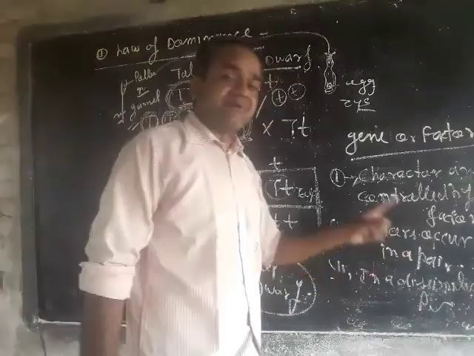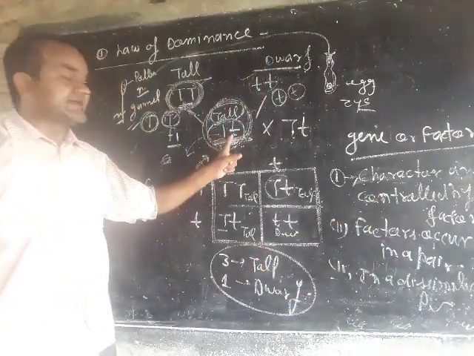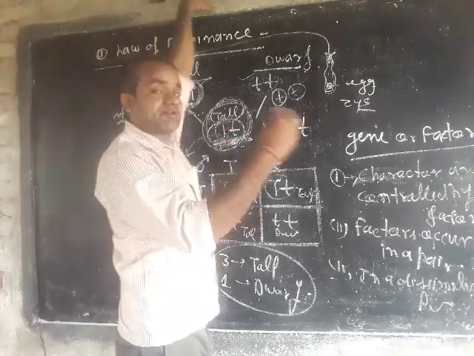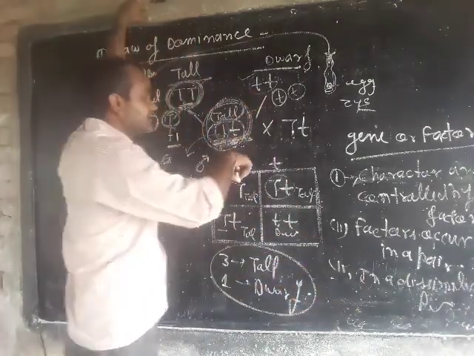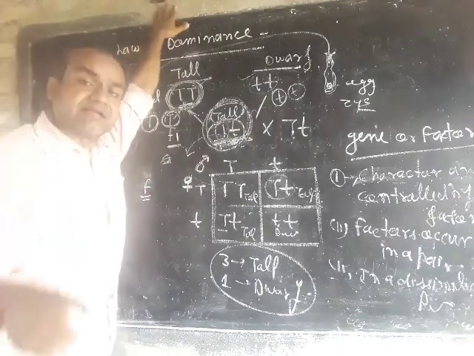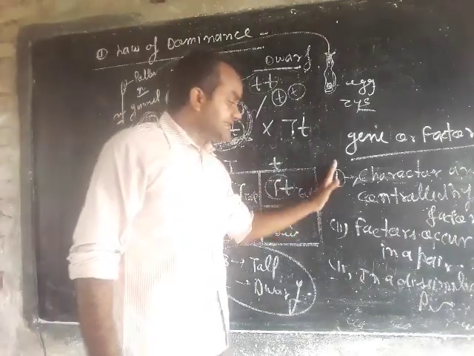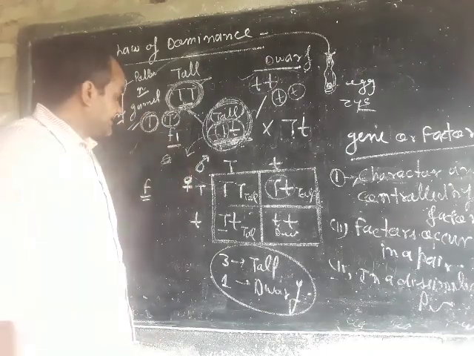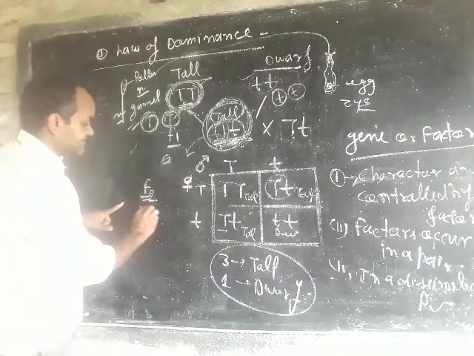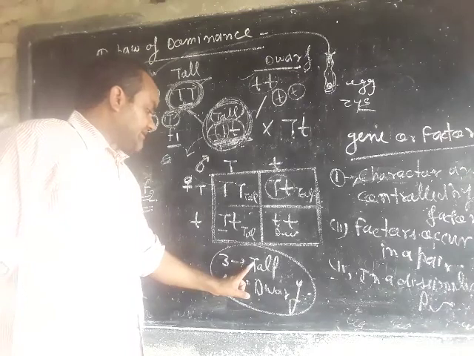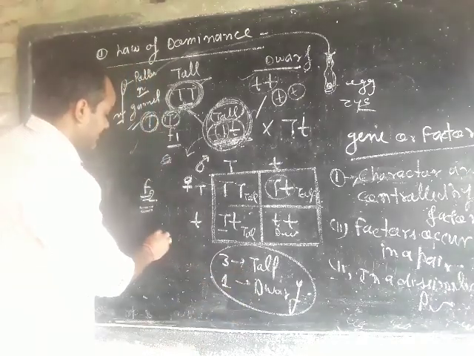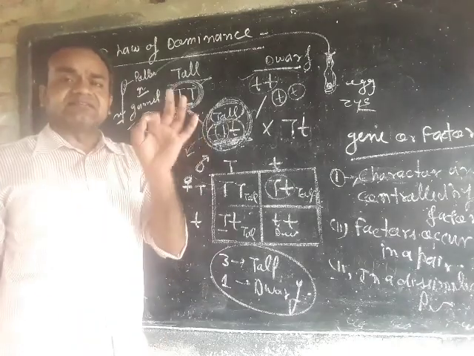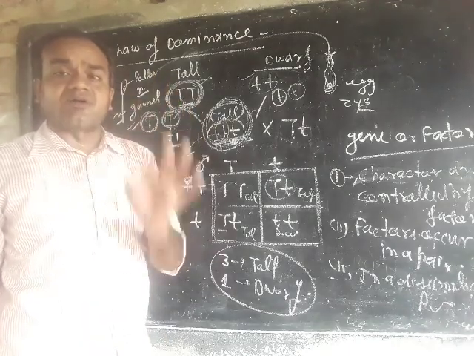In a dissimilar allele, in a heterozygous gene, one factor is dominant and the other is recessive. This is the law of dominance. We get in the F2 generation tall and dwarf in a ratio of 3:1. This is the law of dominance.